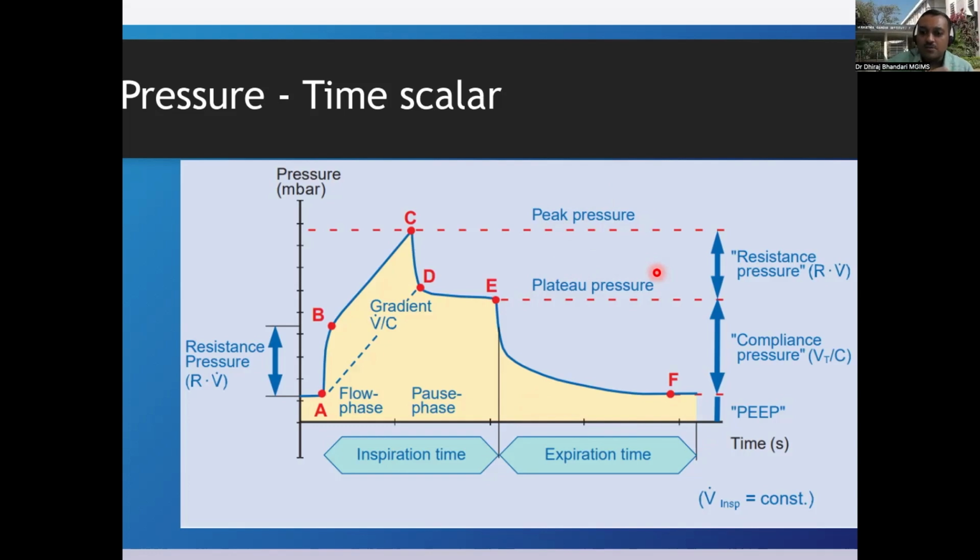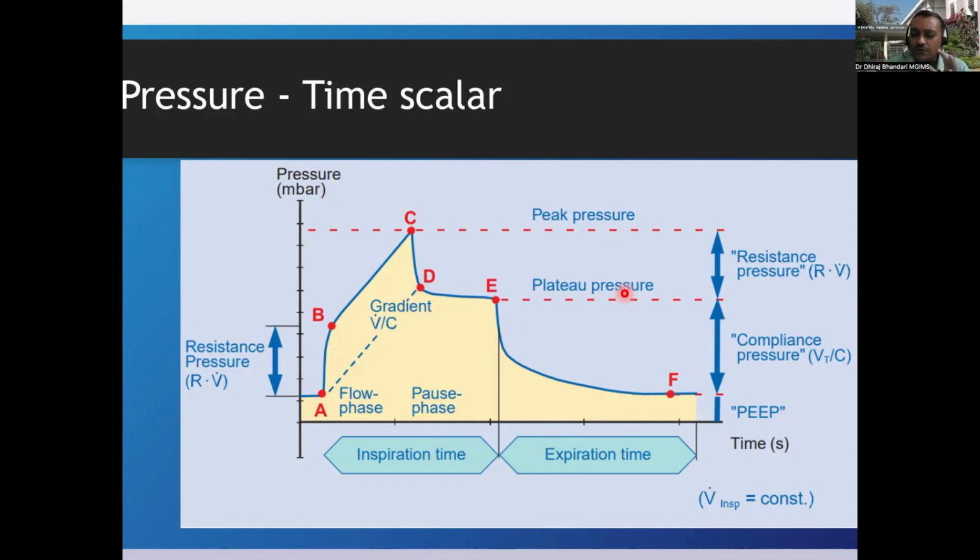I'll talk about this in more detail. Also, if you can see, the starting point is something we have set. If I have not set a PEEP, probably my graph will start from 0. If I set a PEEP of 5 or 6, depending upon my setting, my pressure will start from above that PEEP. So this is very important: inspiration time, expiration time, peak airway pressure, and plateau airway pressure.